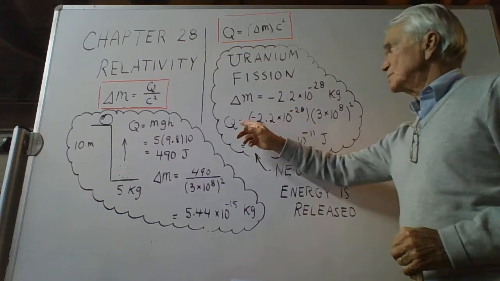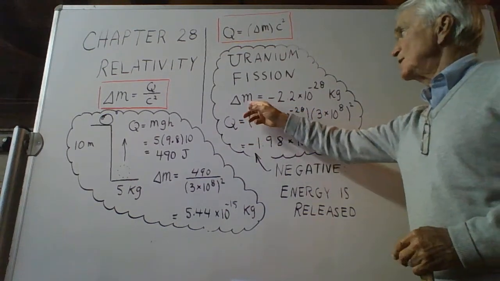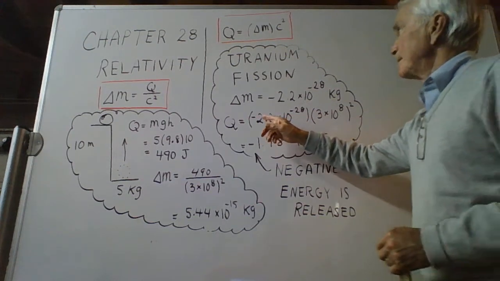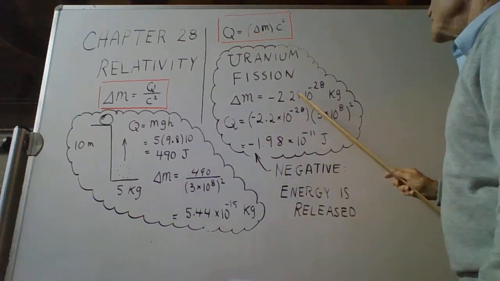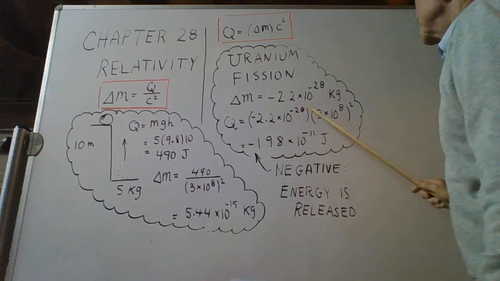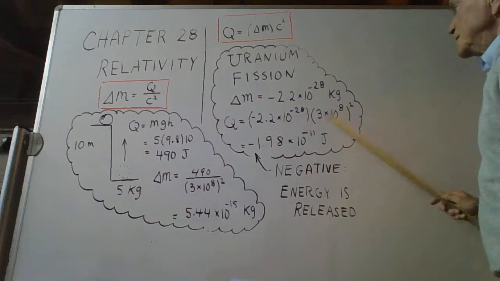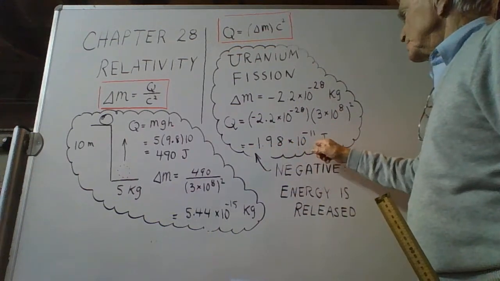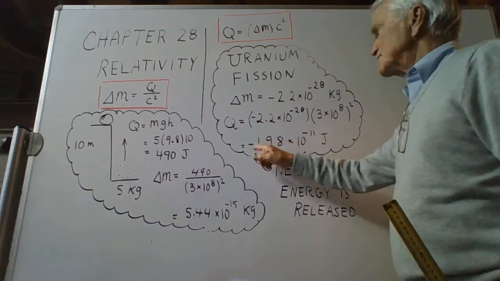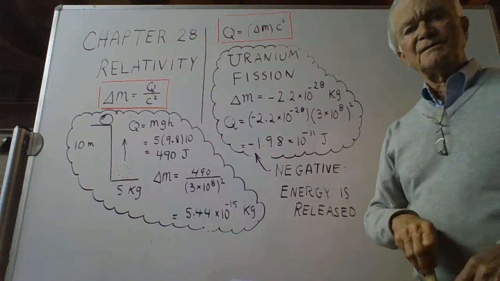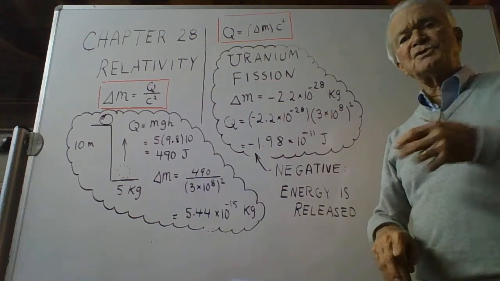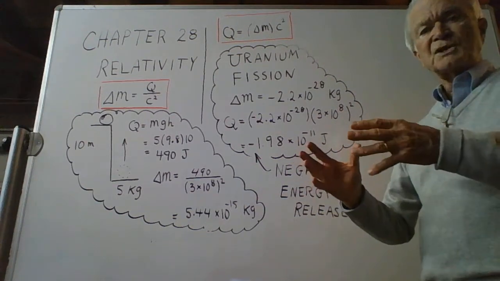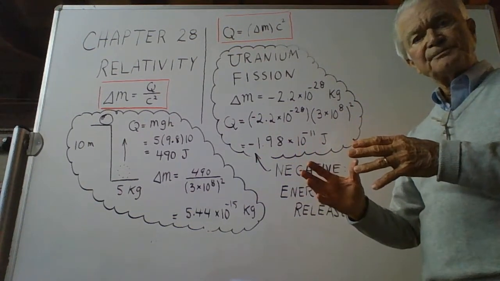Now, the Q associated with this delta M, shown here as the amount of mass loss times the speed of light squared, gives you a Q value that's negative, a very small number. The negative sign means that energy is released from where that uranium nucleus was.